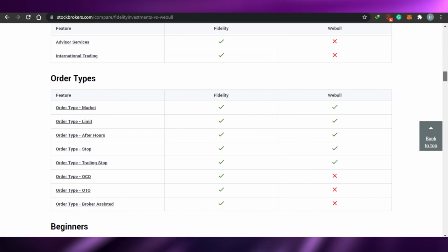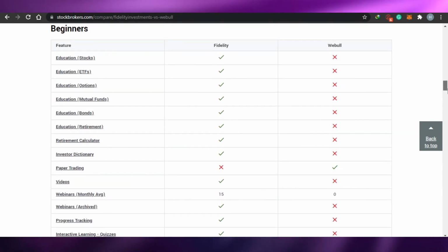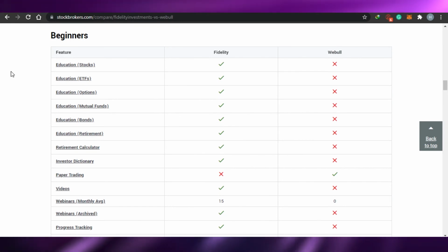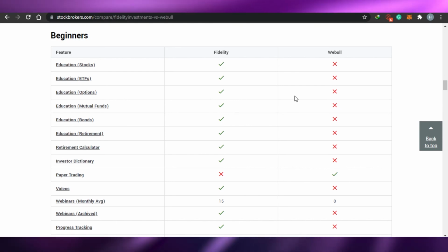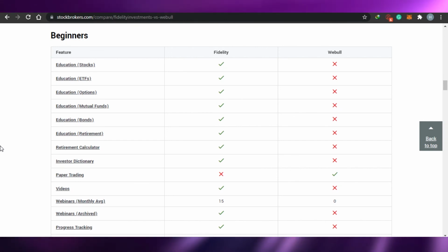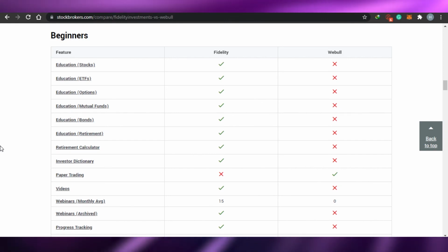And if we talk about beginners education, Fidelity is beginners friendly as compared to WEBULL. You can see right here that retirement plans, mutual funds, options, stocks, ETFs, all of these are available on Fidelity, but they are not available on WEBULL.